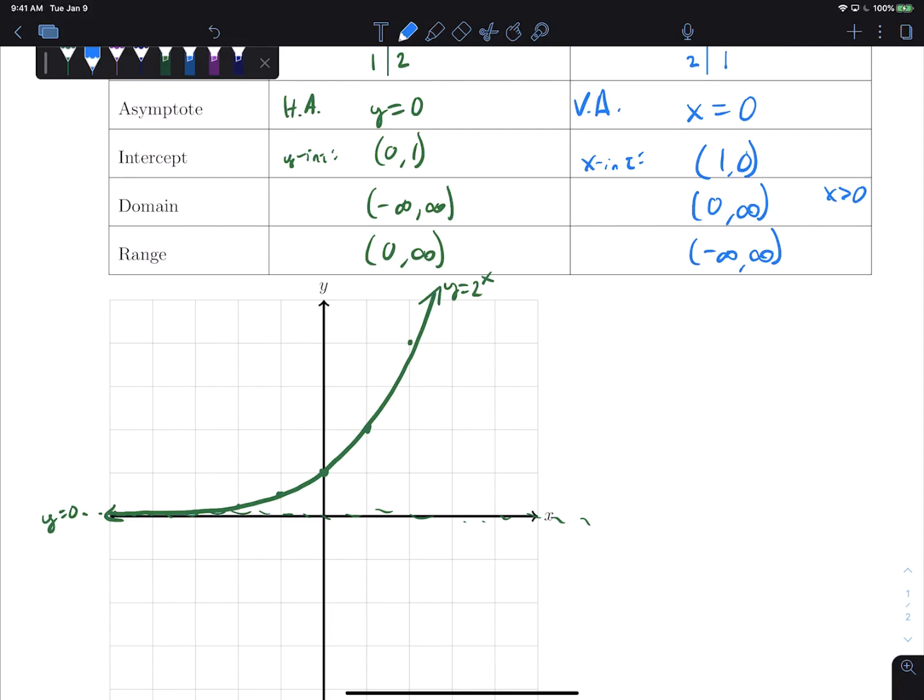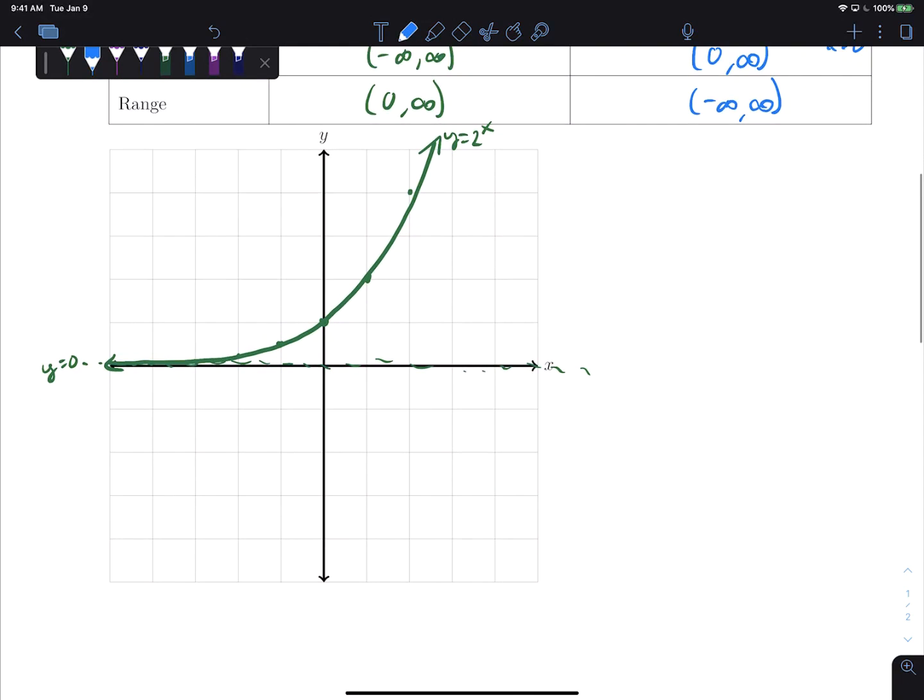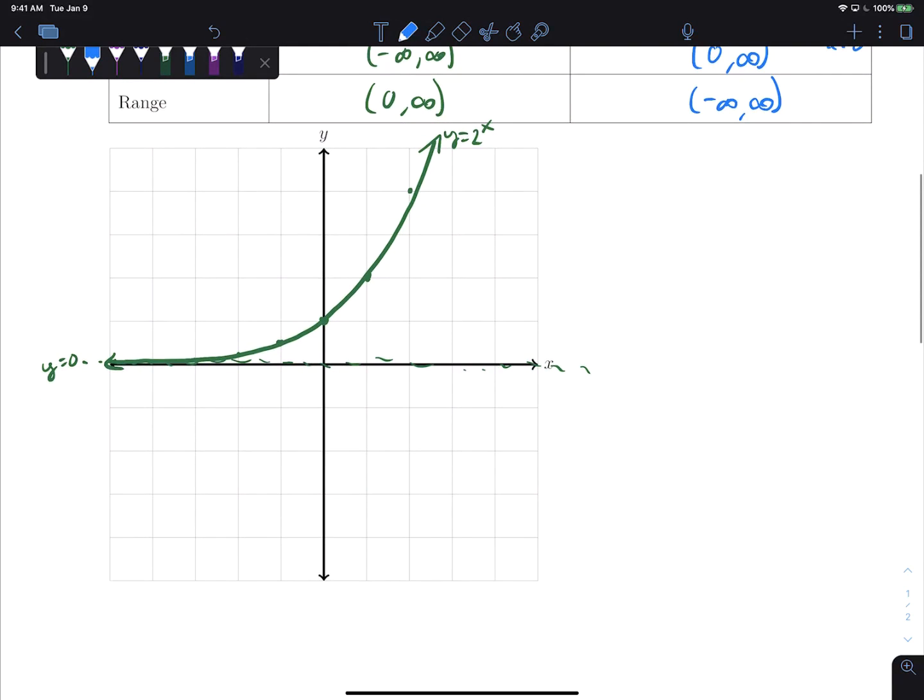The next thing I'm going to graph is y equals log base 2 of x. So I'm going to graph it with a vertical asymptote of x equals 0. So it'd be (1/2, -1), my apologies, (1, 0), and (2, 1).